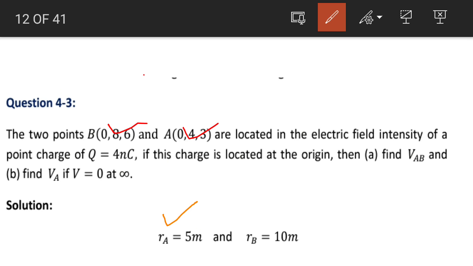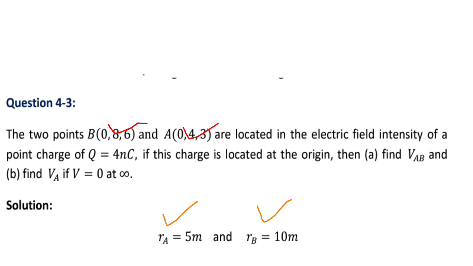You see, consider point A, which is (0, 4, 3). The charge is located at (0, 0, 0), so RA is 5 meter. Similarly, the distance between the charge and point B is 10 meter. So RA, which represents the distance between the source and point A, is 5 meter, and RB, which represents the distance between the source and point B, is 10 meter.